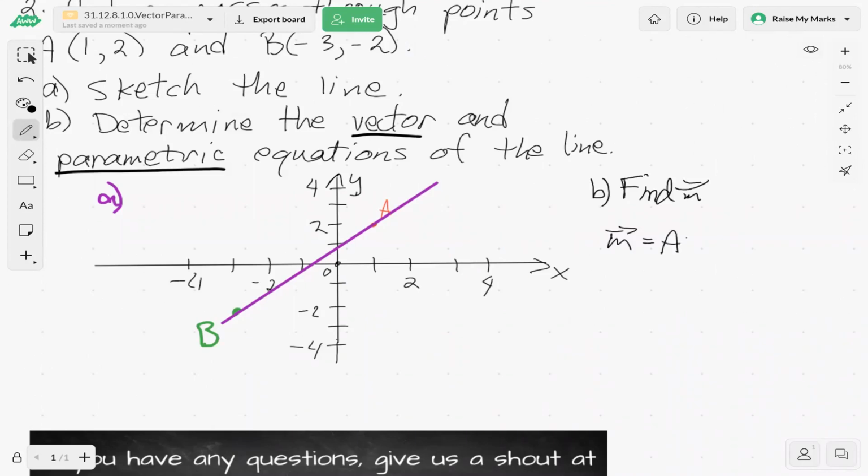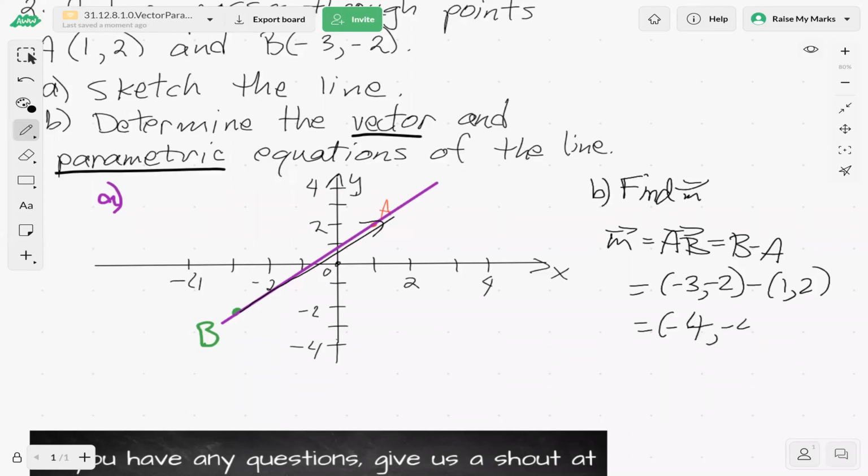That vector is the direction of our line. So how do we do that? B minus A. Let's plug in our points. B is (-3, -2), minus A, which is (1, 2). Our direction vector is -3 minus 1, which is -4, and -2 minus 2, which is -4. That's our direction vector.